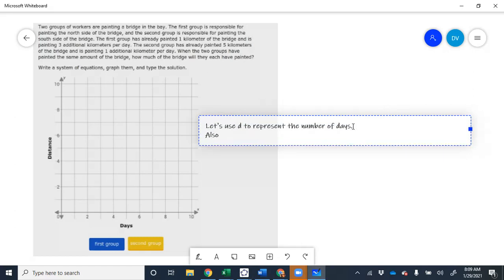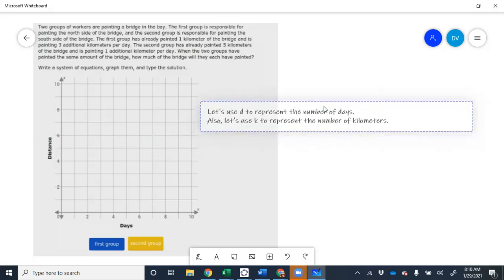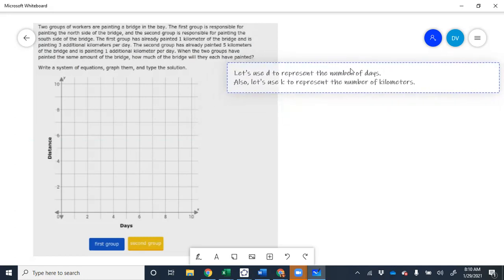Also, let's use k to represent the number of kilometers. All right, again, don't use the same letter twice. D and K, two different letters, we can do that. So let me move that note up here and we'll remember what those stand for.